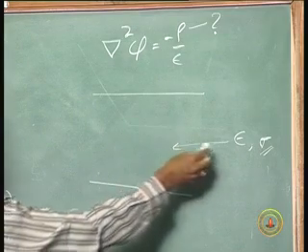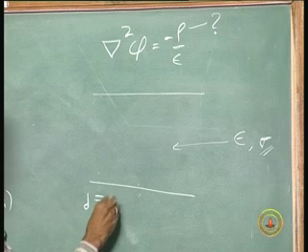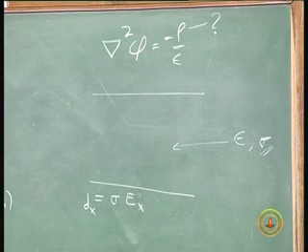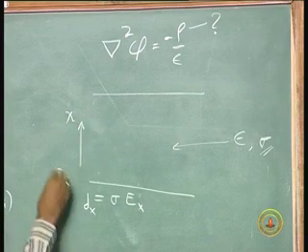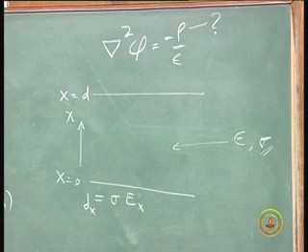if we have conductivity, we have that current Jx is equal to sigma Ex. X is this direction, x equals 0 is here, x equals t is there.